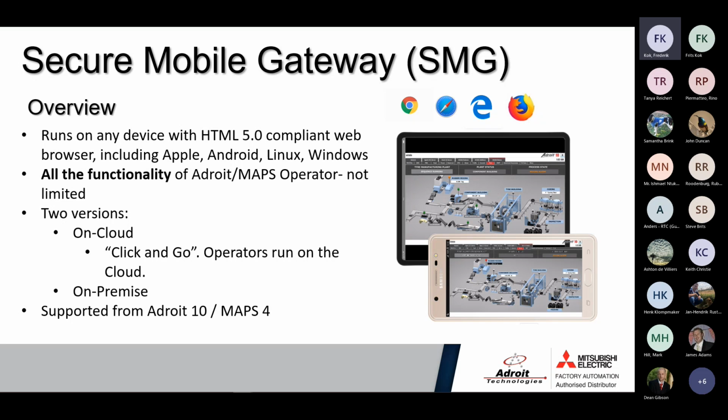Then we also have the on-premise version. This is where a customer would host this internally within their IT infrastructure. And then they are responsible for setting up the access points, and they have full control over that as well. The SMG is supported from Adroit 10 and Maps 4 and onwards.